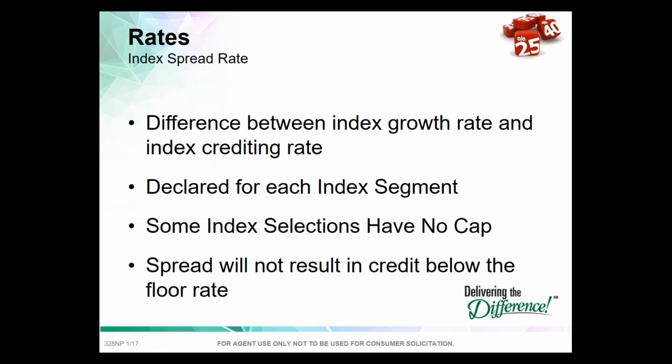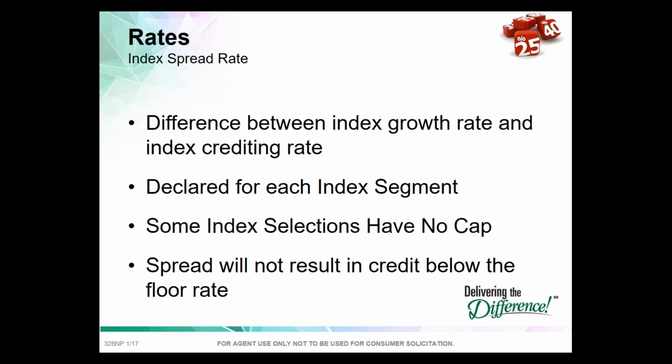Then we get into spreads. An index spread is a little bit newer of an index tool in life insurance and in indexed universal life, but it can be really quite interesting. A spread rate is the difference between the index growth rate and the index crediting rate. So for example, if the spread were 5%, if the index went up 10, you would subtract the 5% spread and get a 5% credit.